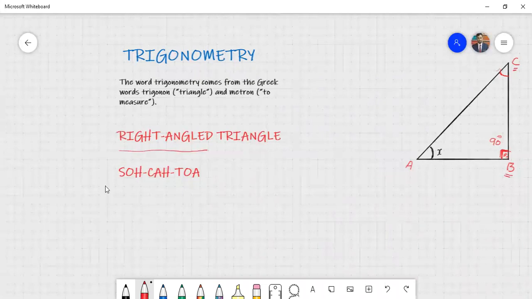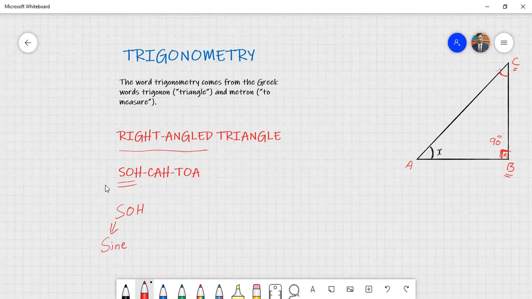These words are abbreviations. Let's take SOH. Here S indicates sine.